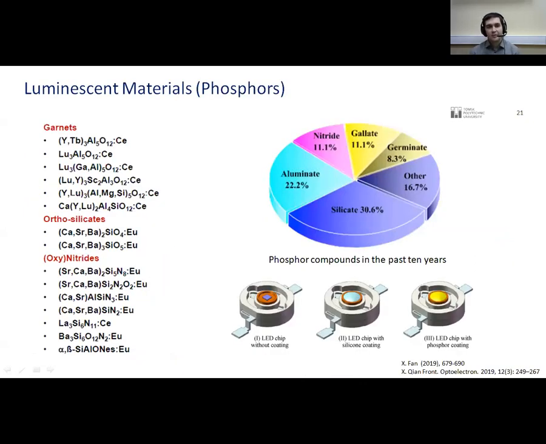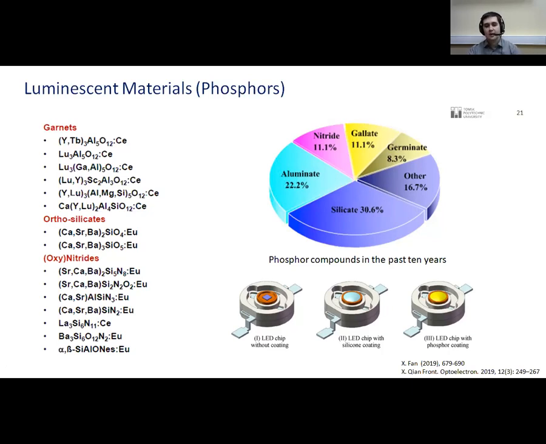There are different mono-, di-, and tri-valent rare earth doped phosphors. It looks like very complex chemical mixtures. You can see on the slide a huge number of formulas, and finally some semicolons, which means they are doped with rare earth elements like cerium 3+, europium 2+, or maybe 3+.